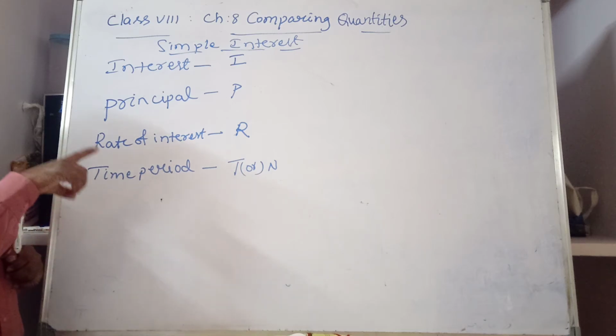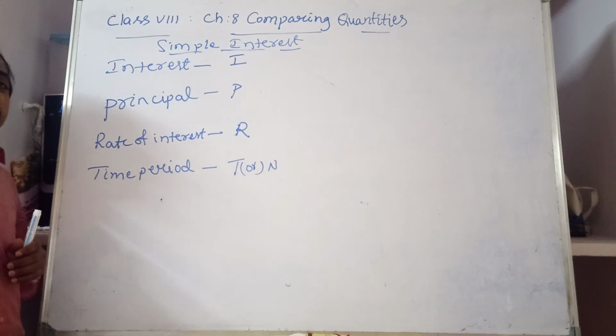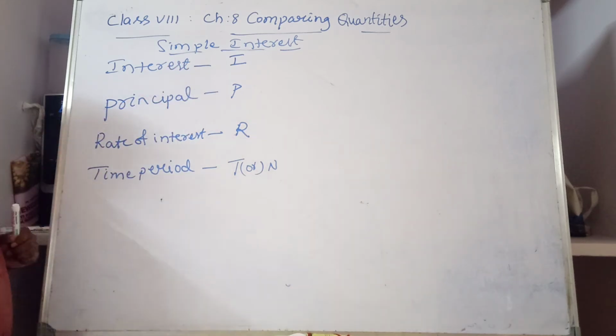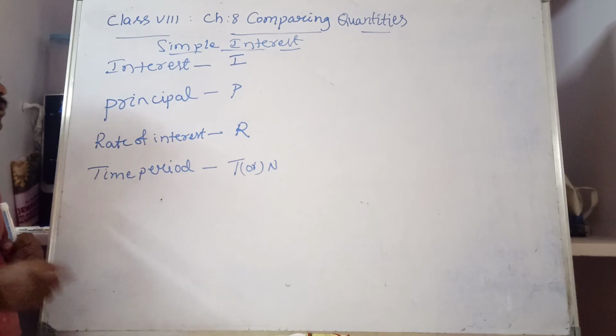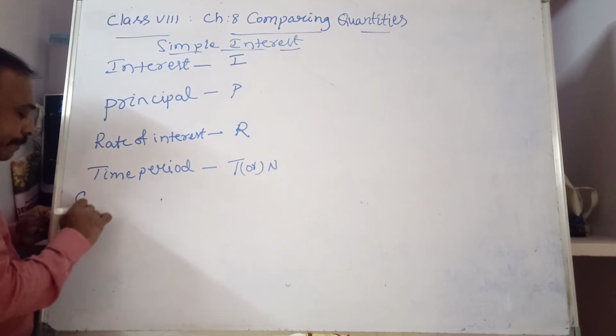Principal is what you deposit or take from somebody else, and interest is the extra amount. This we calculated using the simple interest formula.